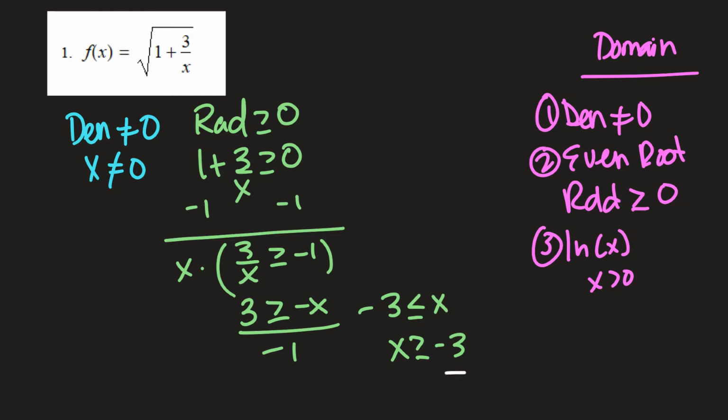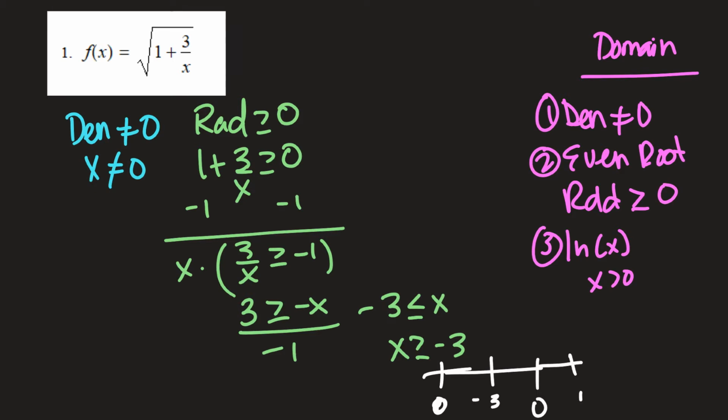Okay, so let's think about this. I have negative 3 and 0, right? I want to check to make sure that what I'm looking at is the solution. This says that x has to be greater than negative 3, but it can't be 0. So let's try something like 1.